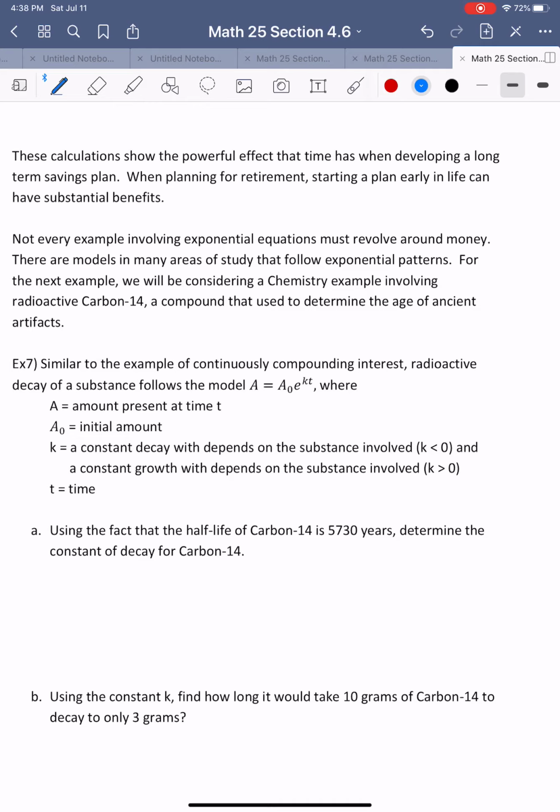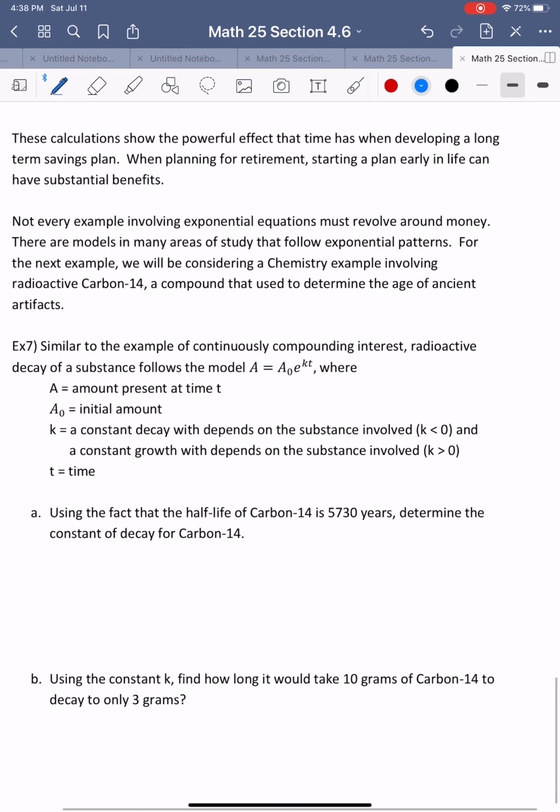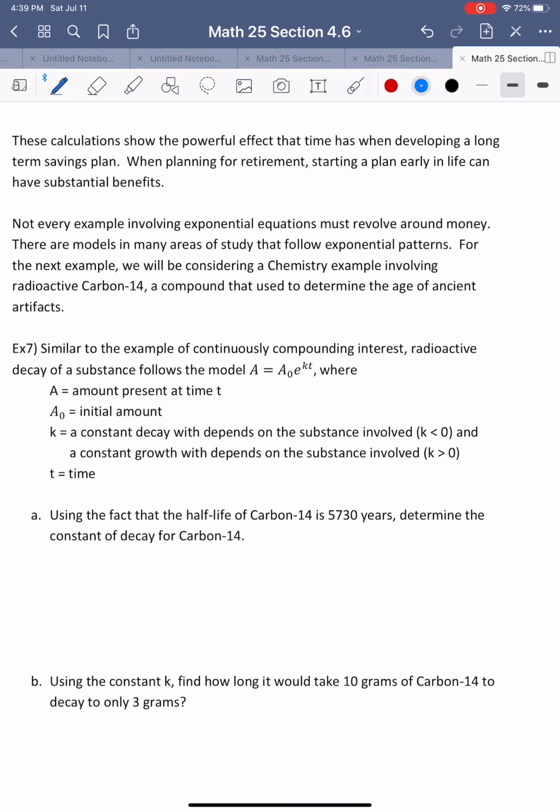There are models in many areas of study that follow exponential patterns. For the next example, we will consider a chemistry example involving radioactive carbon-14, a compound used to determine the age of ancient artifacts. Similar to continuously compounded interest, radioactive decay follows this model.